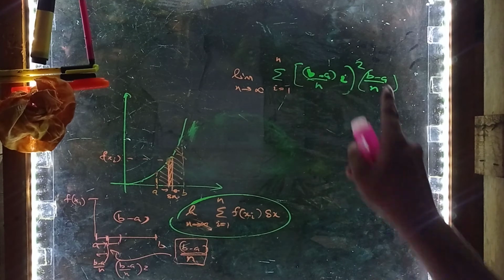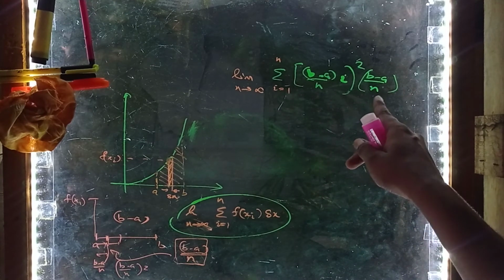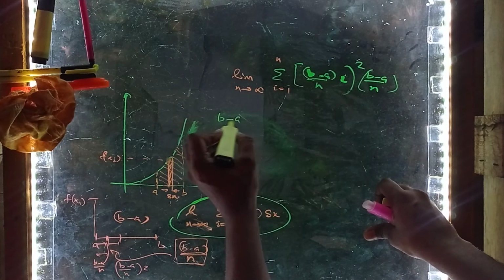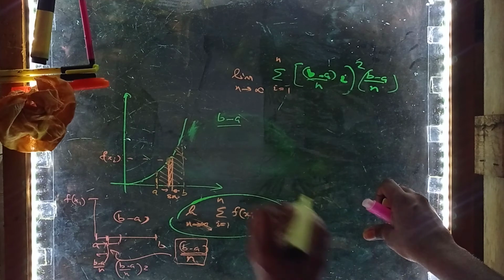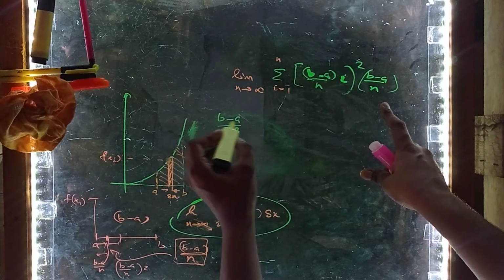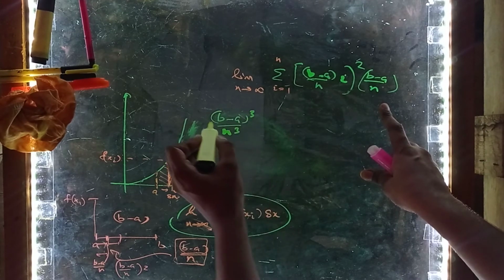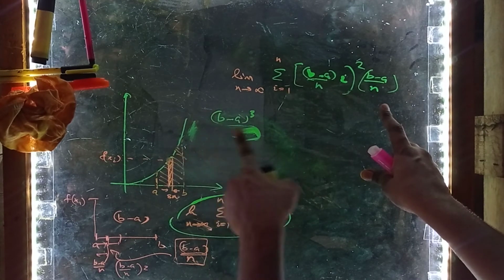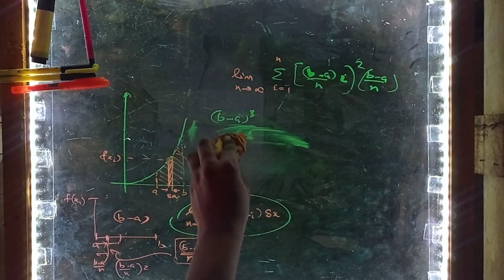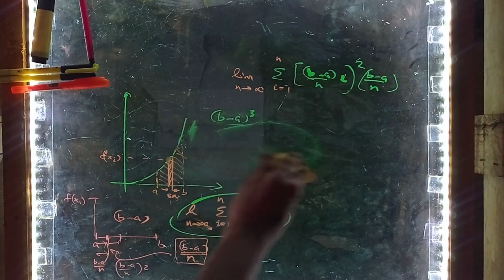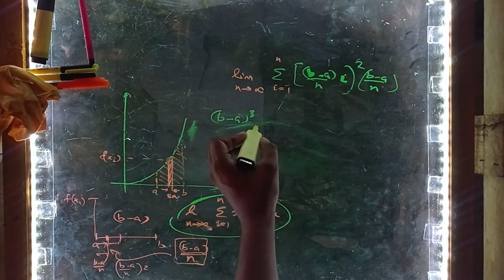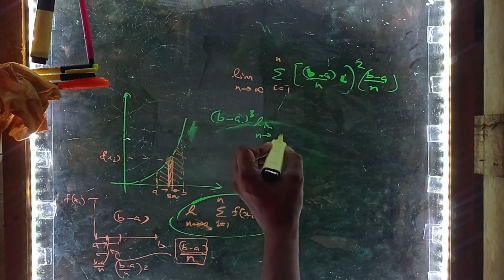We know b minus a upon n cubed is a constant, so b minus a cubed can be taken out, but there is a limit, so we keep 1 upon n cubed inside the limit as n approaches infinity.